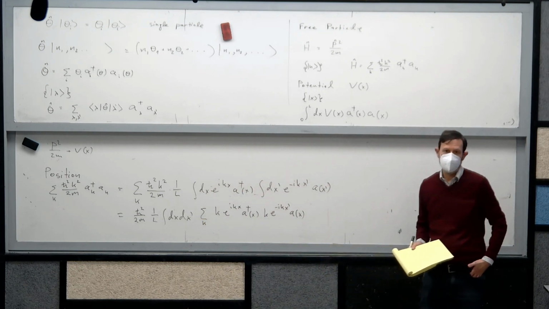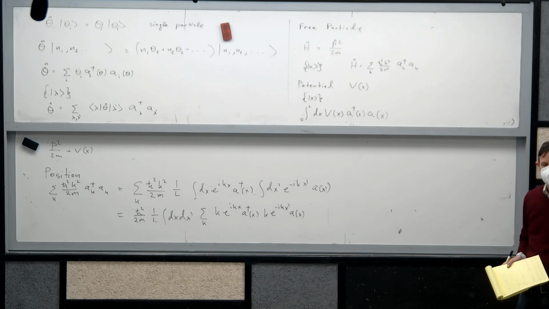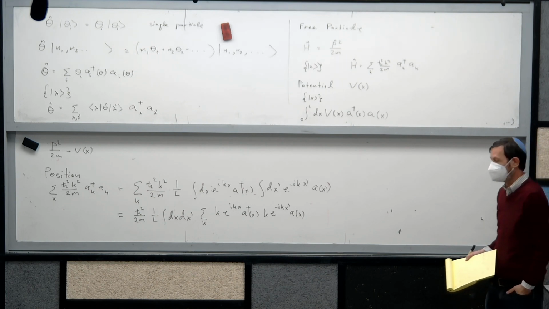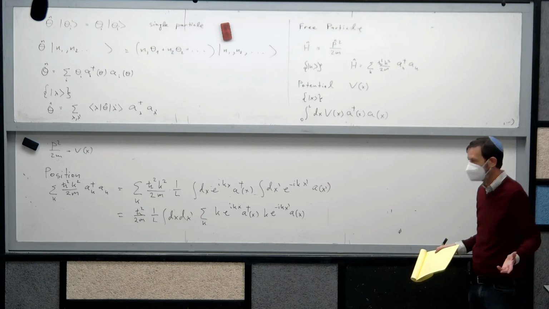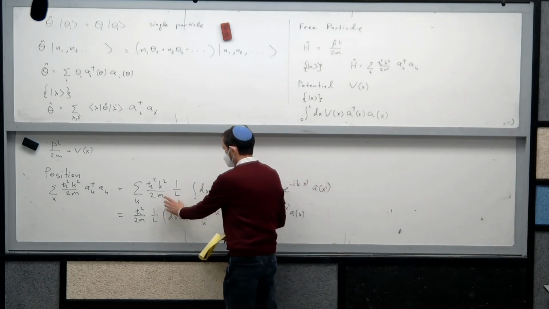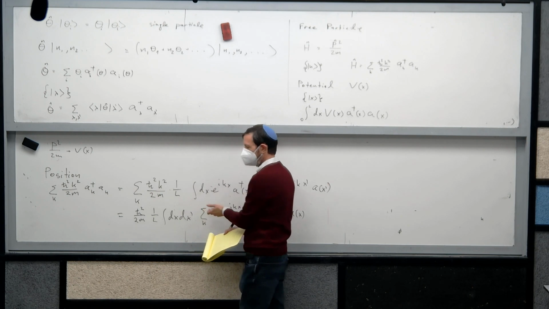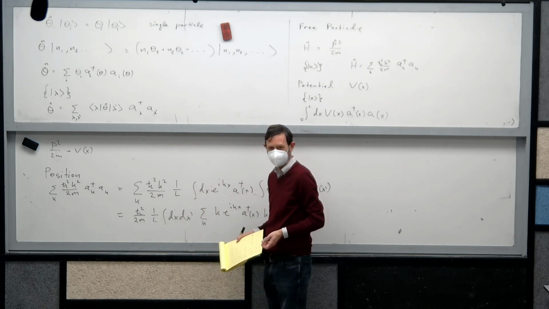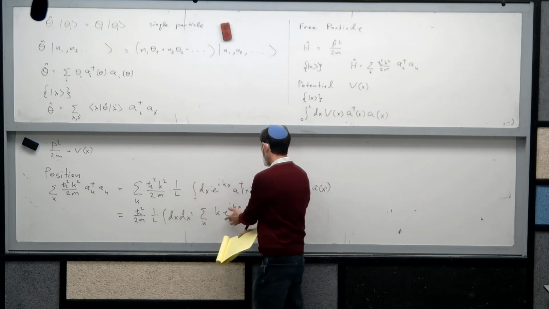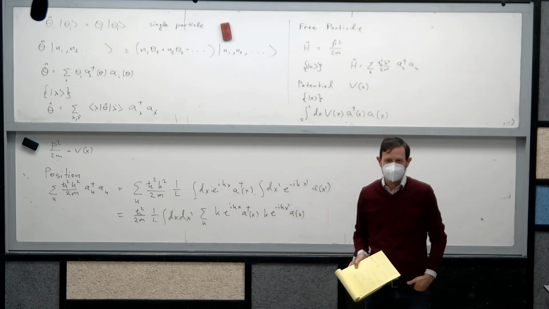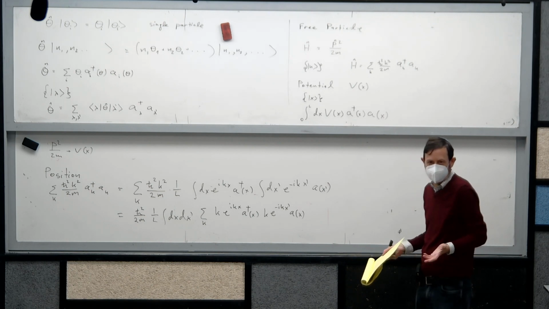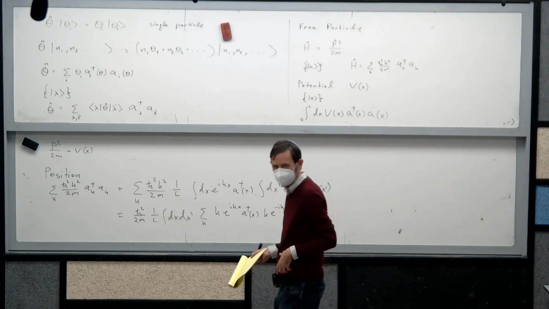What did I do here? Well, I'm embarrassed to say I didn't do anything. I just moved the summation inside and split this k into two. At this point, it looks completely meaningless.